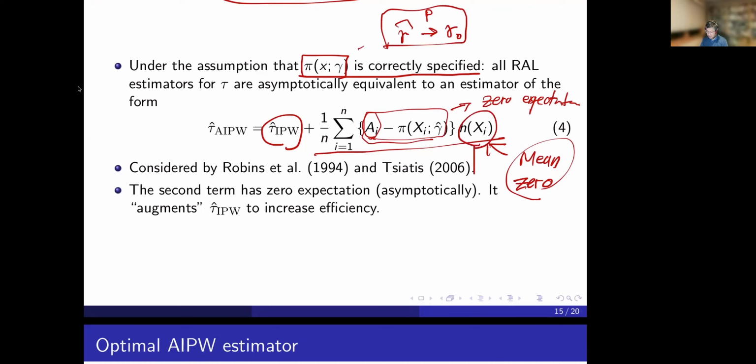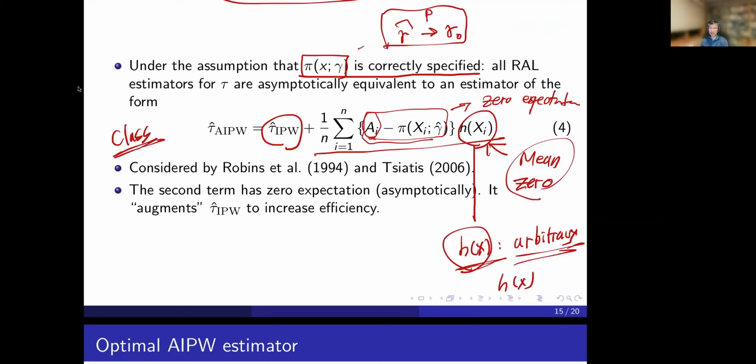But notice that h(x) is arbitrary, it doesn't matter. That means this is a class of estimators: if you choose different h(x), you obtain different estimators, but they are all unbiased. So that is a nice property. The question then is what kind of h(x) I should choose in order to minimize the variance.